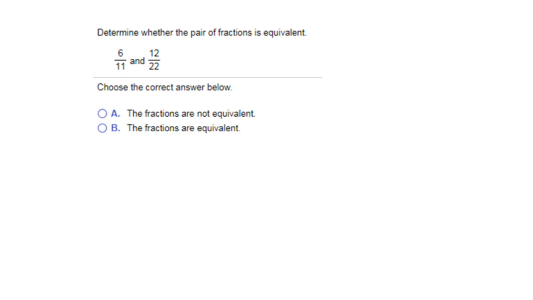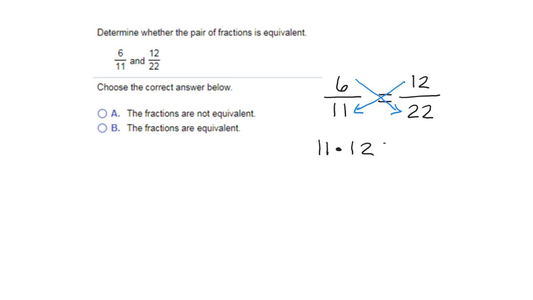This one is determine whether the fractions are equivalent. So once again, I have 6/11. I'm going to set it equal to 12/22. I will do my cross product and see what we come out with. So I have 11 times 12 is equal to 6 times 22.